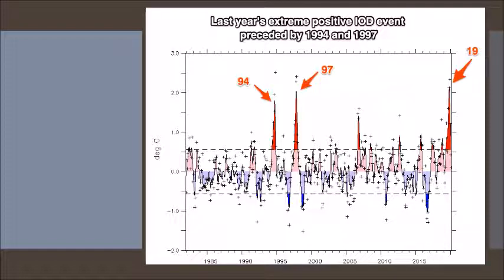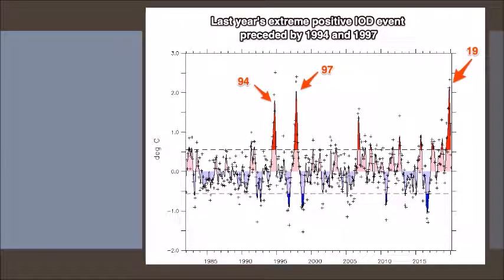So, whenever there's a negative IOD, it's in the blue down the bottom, whenever it's negative, that means that the warm water is near Australia and we can expect increased rainfall. Whenever there is a positive event, as you can see the ones that have been marked out here, we can expect less chance of rainfall, and we can expect much drier climate.